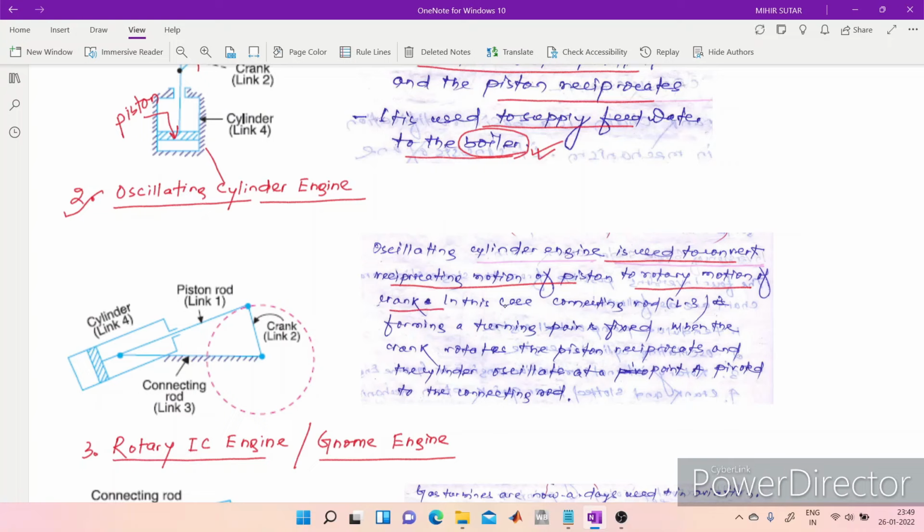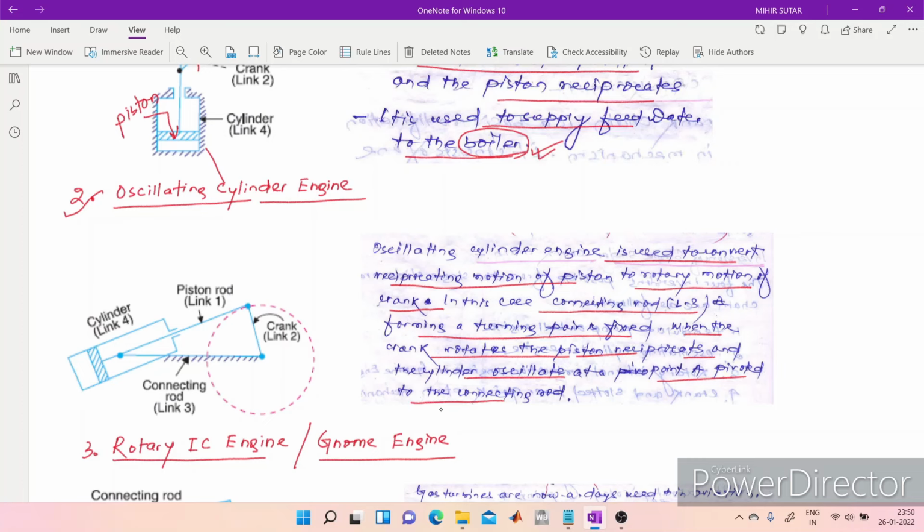Remember, in this case the connecting rod, that is link 3 forming a turning pair, is fixed here. So when the crank rotates, the piston reciprocates and the cylinder oscillates at a point A.